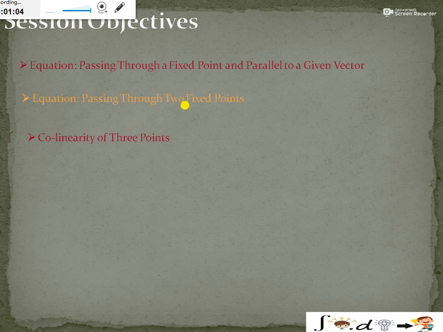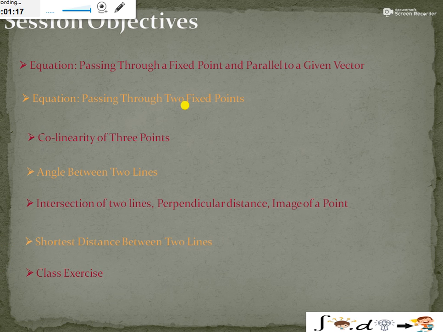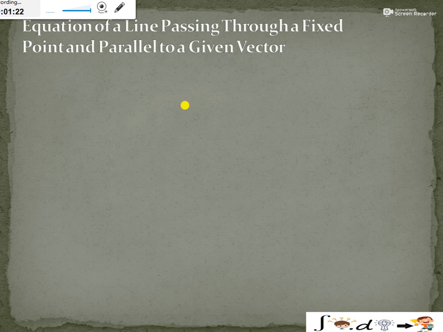Collinearity of 3 points, angle between two lines, and intersection of two lines, perpendicular distance, image of a point we have to do in the next class.